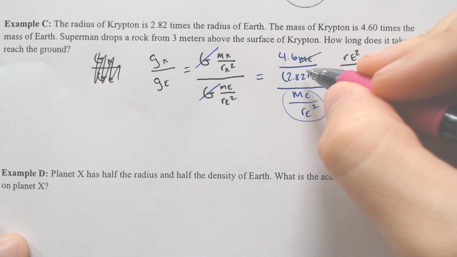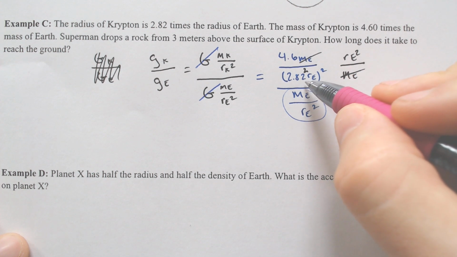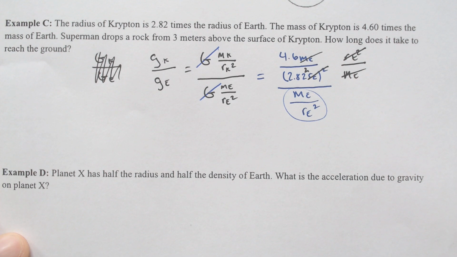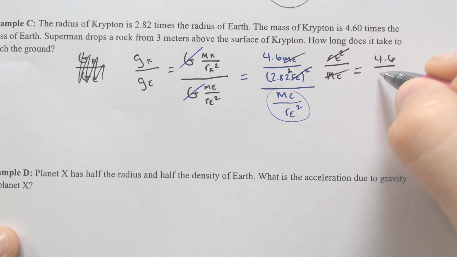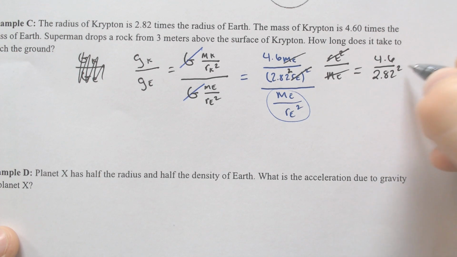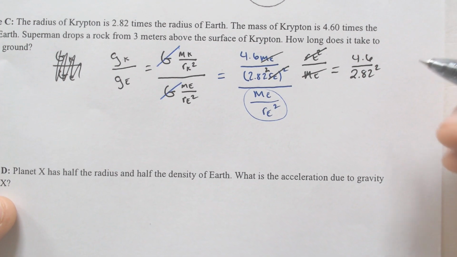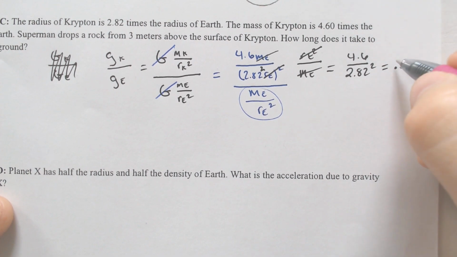And here, if you wanted to distribute that exponent, you'd have 2.82 squared and the radius of Earth squared. Well, the radius of Earth squared would just cancel out. And that would leave you with 4.6 over 2.82 squared. And if you do that math, you get 4.6 divided by 2.82 squared, and you end up with 0.59 approximately.